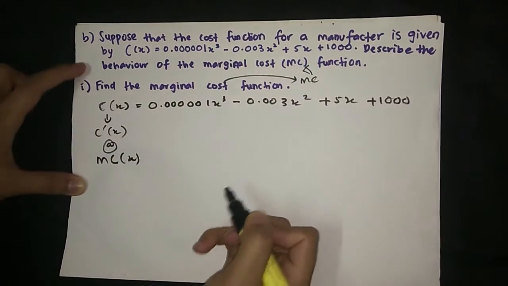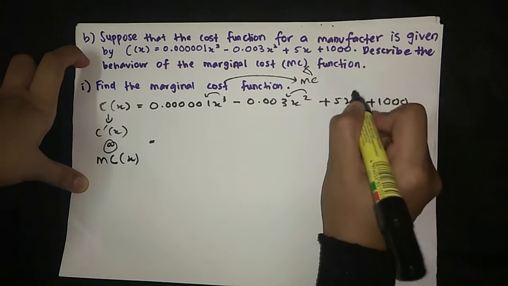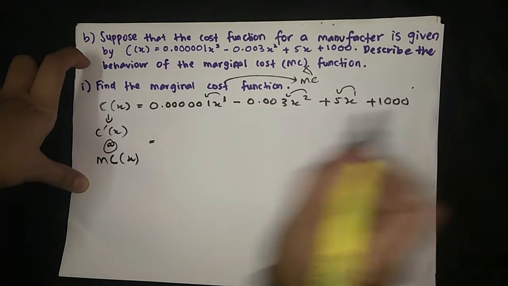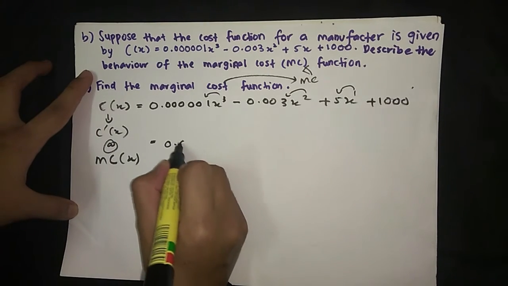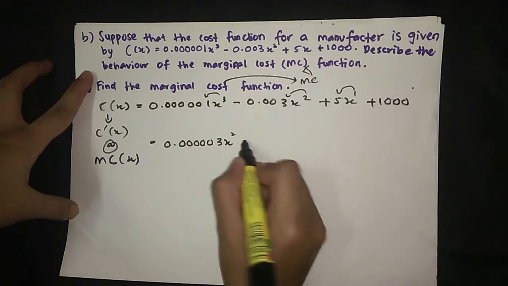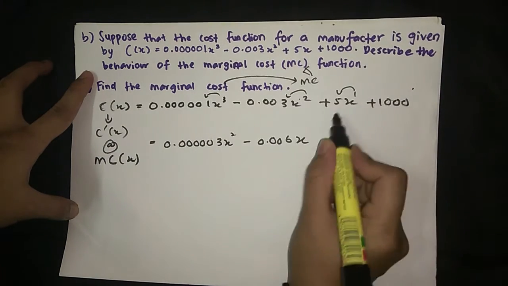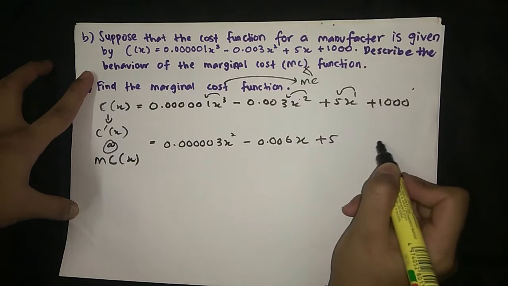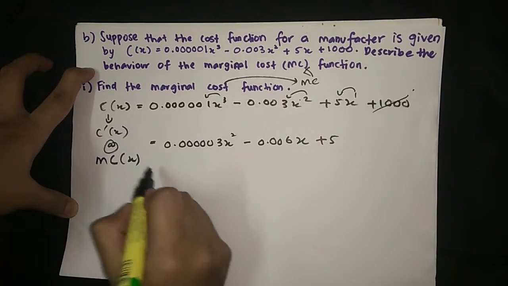So we use the same way as the previous one, which is the power we multiply with the base, and then the power we differentiate with 1. So it becomes 0.00003x squared minus 0.006x plus 5, and the 1000 disappears. So now we get the MC function.